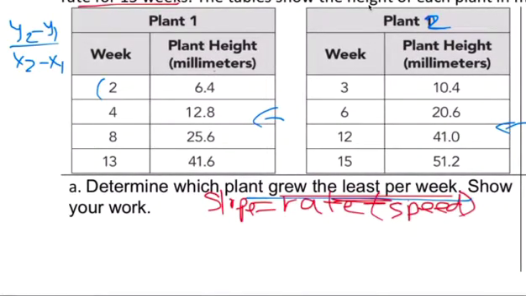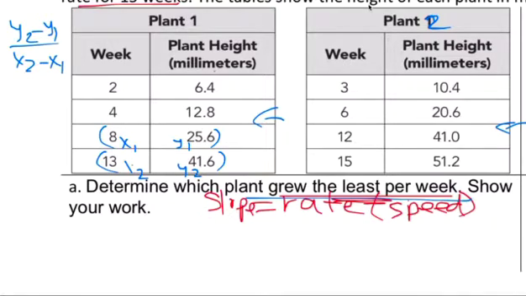I would choose the one with the same decimal, because when I subtract it gets me 0. So I'm going to choose these two. X sub 1, y sub 1, x sub 2, y sub 2.